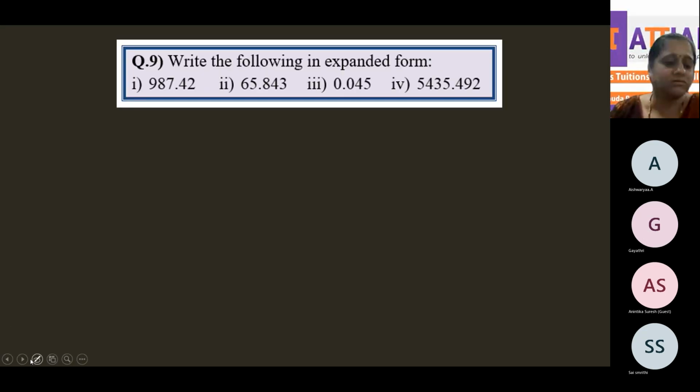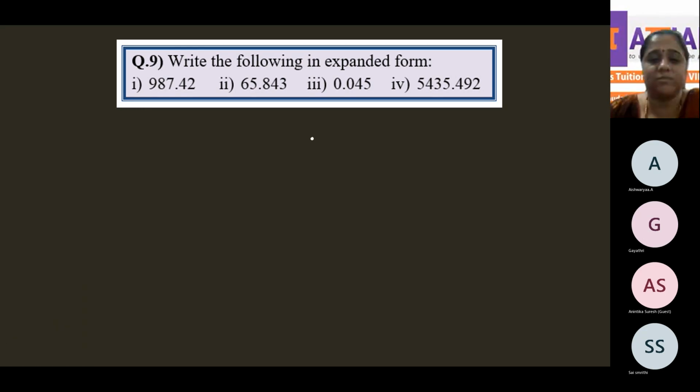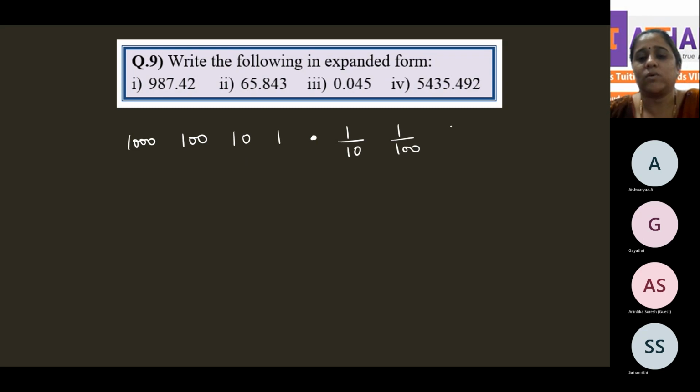Let me write that here. Decimal point. Okay, ones, tens, hundreds, thousands, and so on. After the decimal point, it is 1 by 10, 1 by 100, 1 by 1000, and so on. I'll just write one example here.